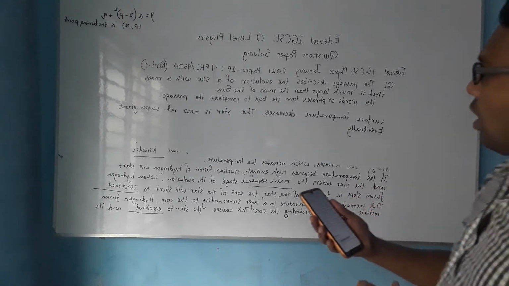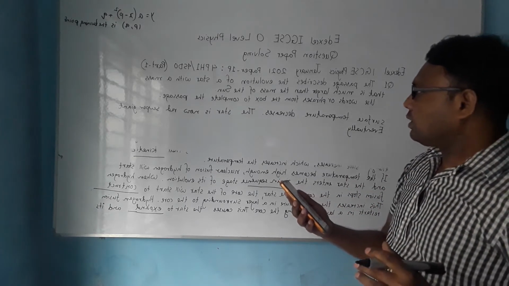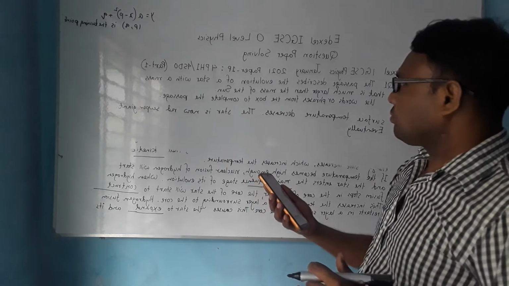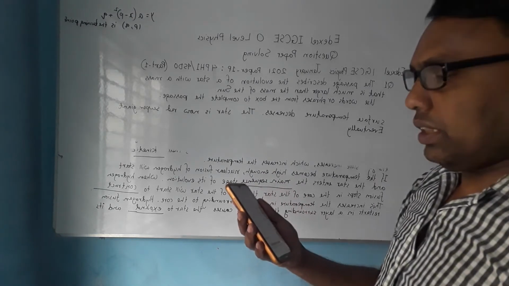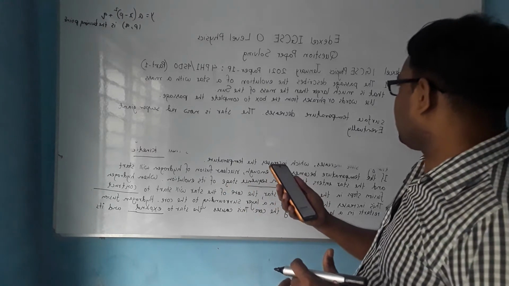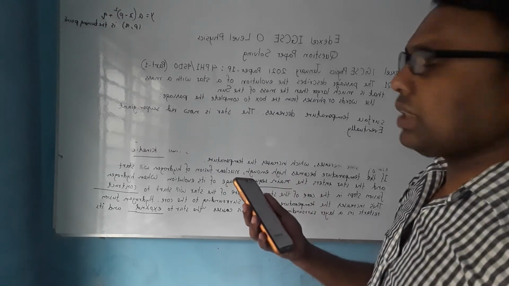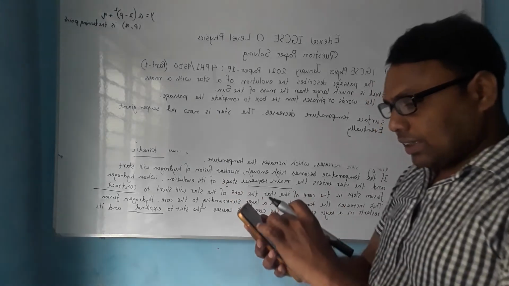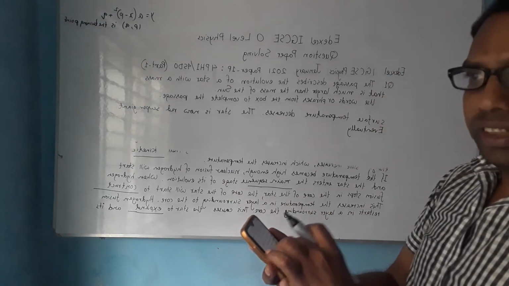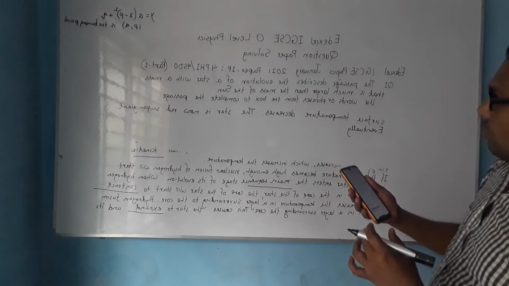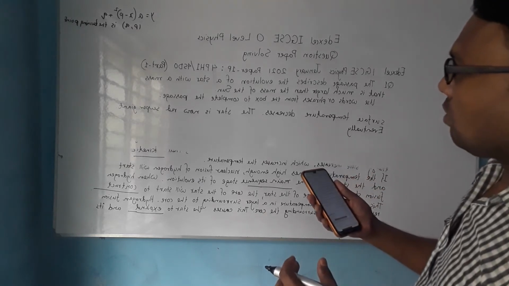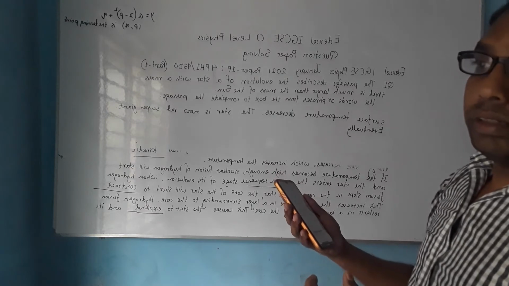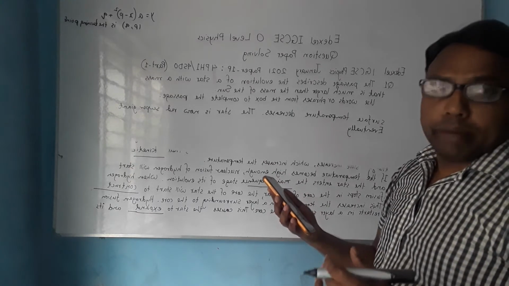So I need to talk about one thing: here in the evolution of a star, the mass of this star is much larger than the mass of the sun. As you know, our sun is a medium mass star, and here we're talking about a star with mass higher than that of the sun, so this is definitely a high mass star.